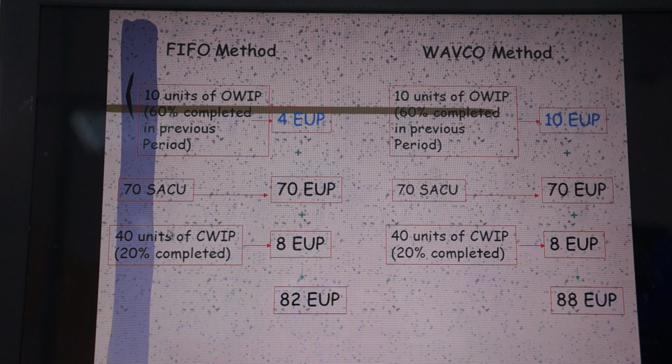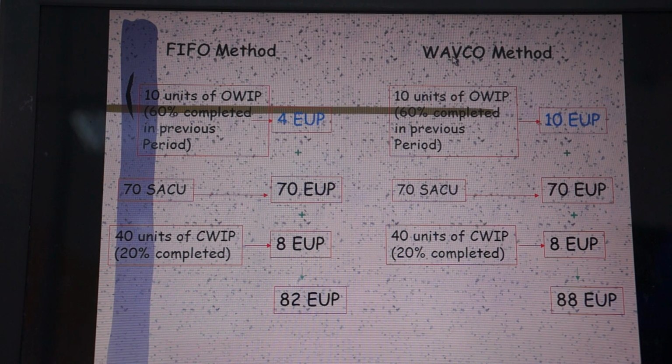And for the closing work in progress, we have 40 units, 20% completed, so only 8 equivalent unit production is calculated for the FIFO method. So the total is 82 equivalent unit production.